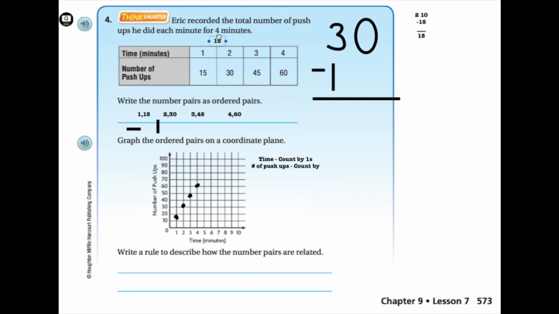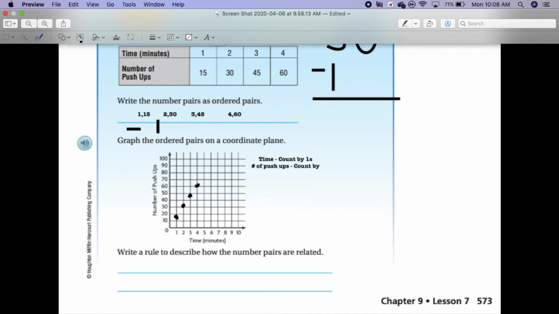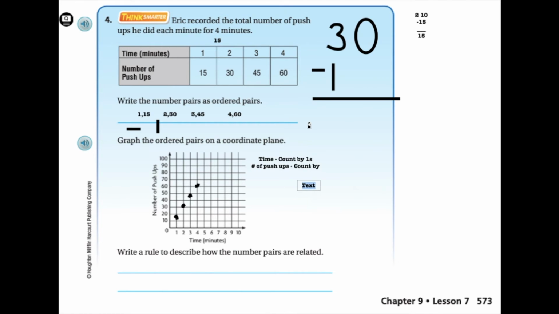Keep going, guys. 60 minus 45, right? Again, you can't take 5 from 0, so you borrow from the 6. The 6 turns into a 5, the 0 turns into a 10. 10 minus 5 is 5. And 5 minus 4 is 1. So yeah, for the number of push-ups you count by 15.